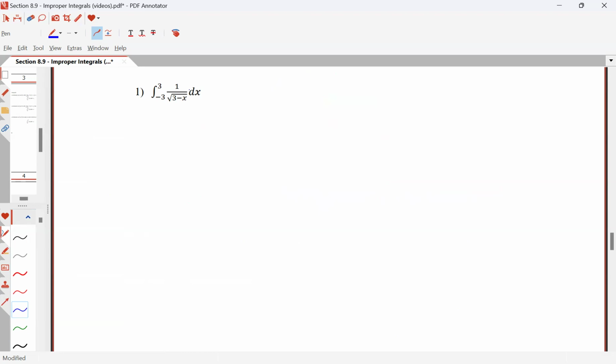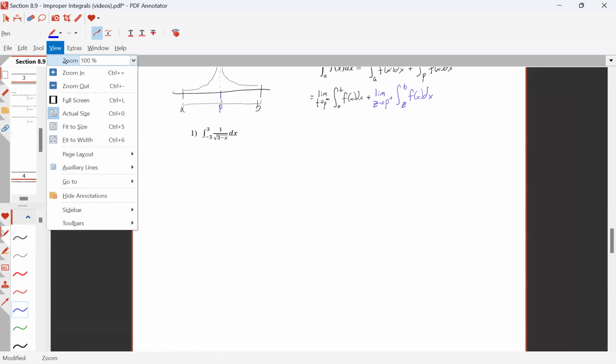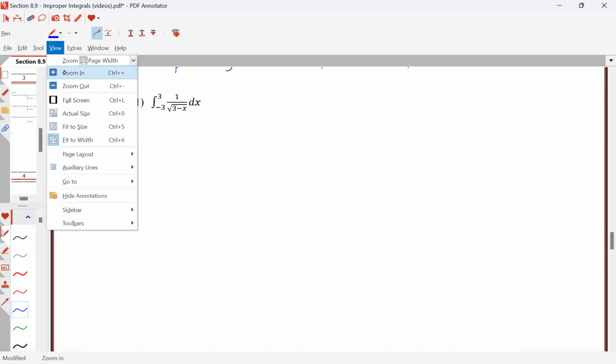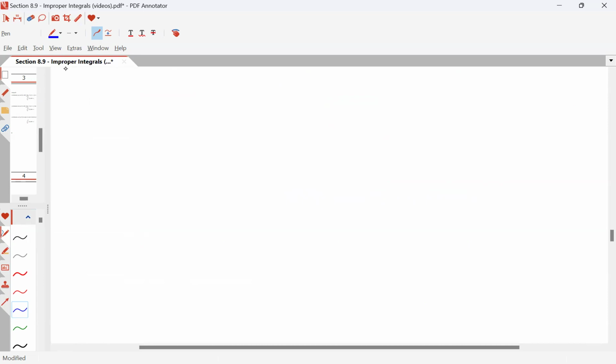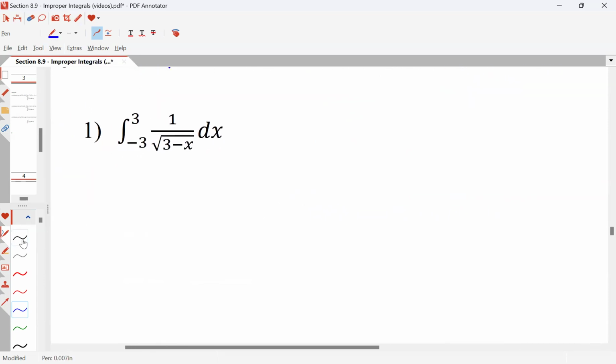And the bigger issue in this case is that I also can't plug in 3, because 3 minus 3 is 0, the square root of 0 is 0, and I can't divide by 0. Can't be done. So the problem point is that upper bound of 3. Can't plug 3 in, so we need to turn it into a limit.